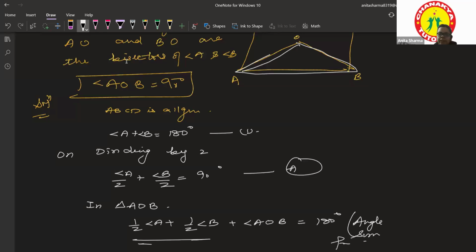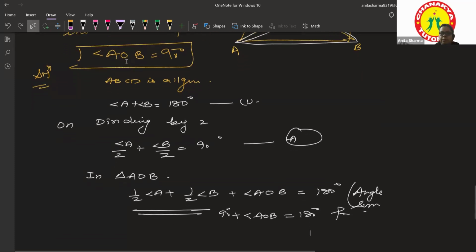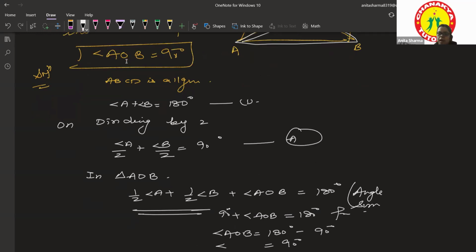So now instead of this, what you can write? 90 degrees plus angle AOB is equal to 180 degrees. Now transpose this 90 to the right hand side. So angle AOB will be equal to 180 degrees minus 90 degrees, so 90 degrees. Understood, children, what we have to do here?